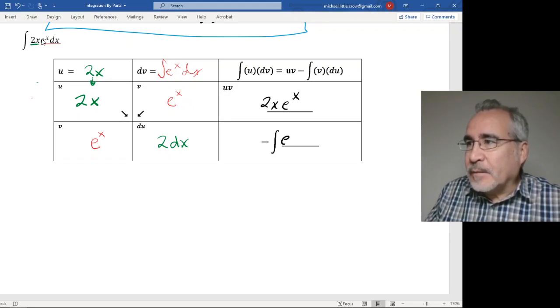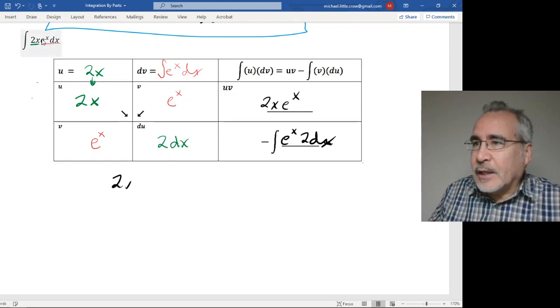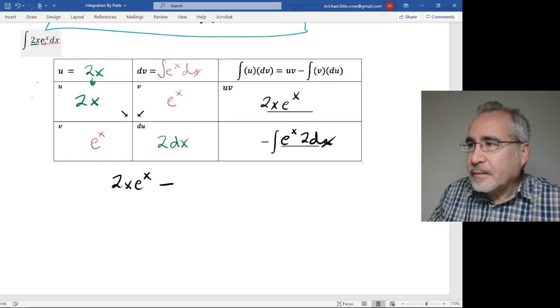So we get e to the x 2 dx. And again, we'll bring that 2 to the front, but we'll wait to clean things up. We'll just leave it all like that. So we get 2x e to the x minus, bring the 2 out front, integral e to the x dx. Again, we're not quite done.